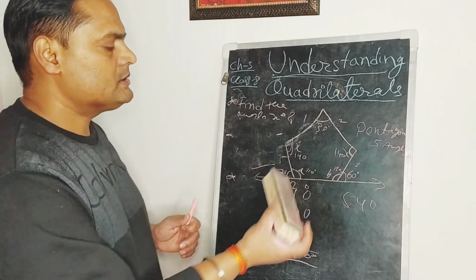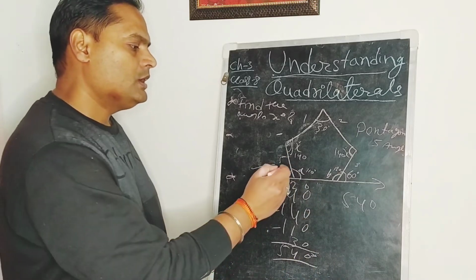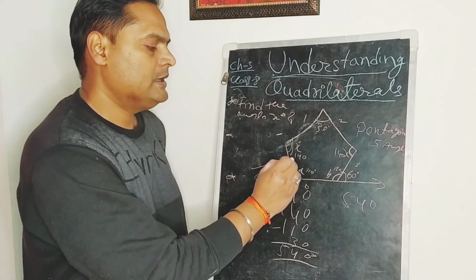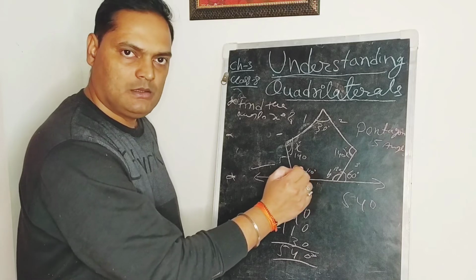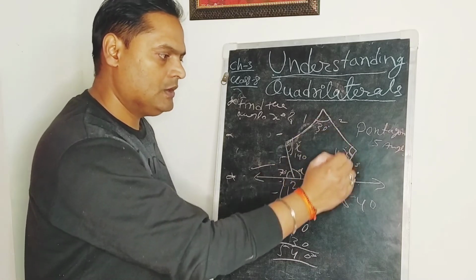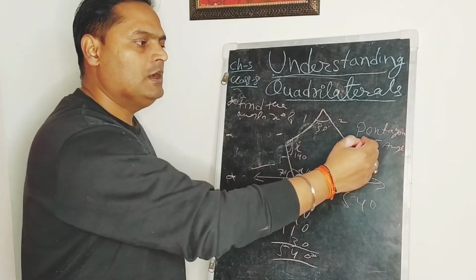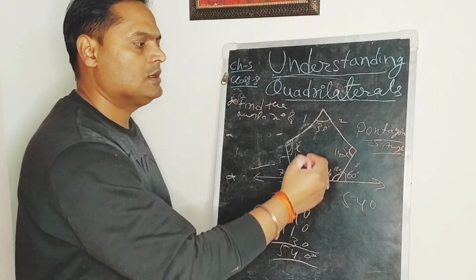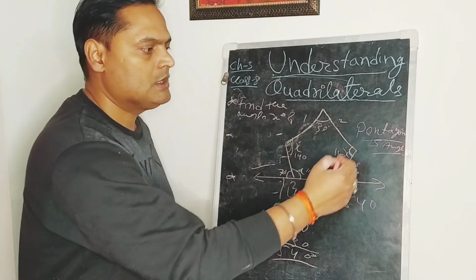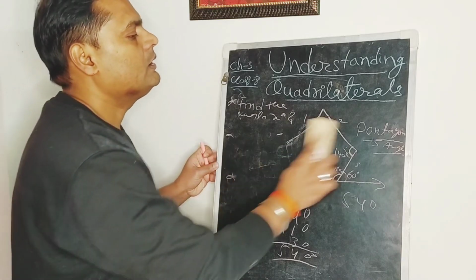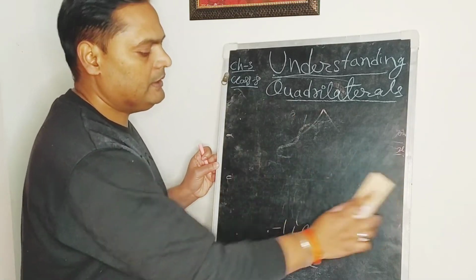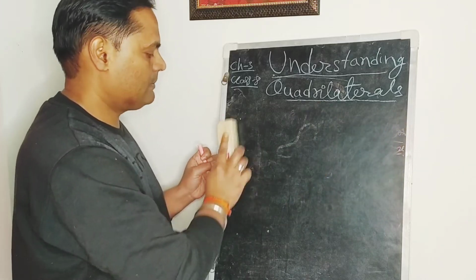So like this we are able to find it out by applying the various properties. Here we applied the linear pair, and here we applied the pentagon angles, where the interior angle sum is 540. Thus we are able to find many angles by using these properties.